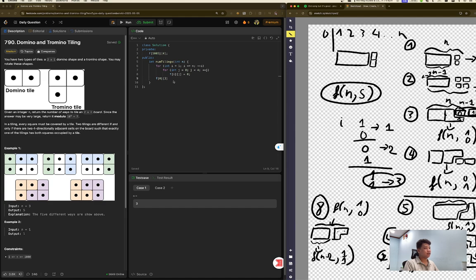We consider the fully filled state as the case where the column is filled in one way. Now we do the bottom up approach. You can implement it using top down, but I think the bottom up is clearer and easier to understand.